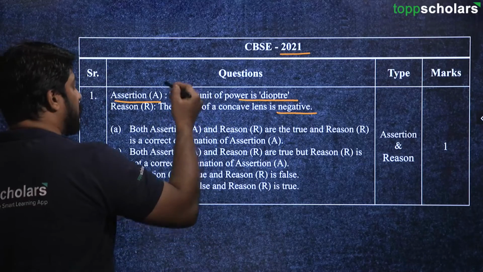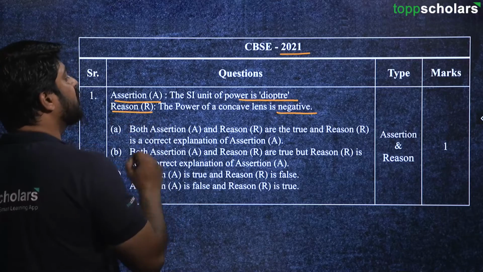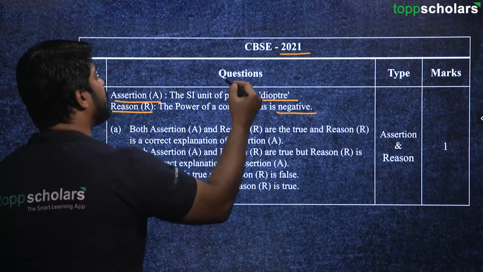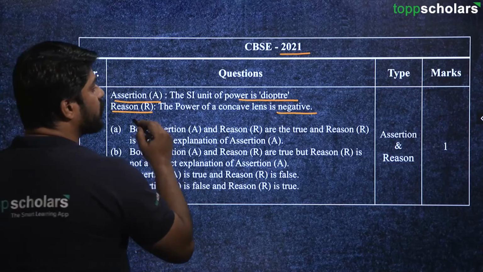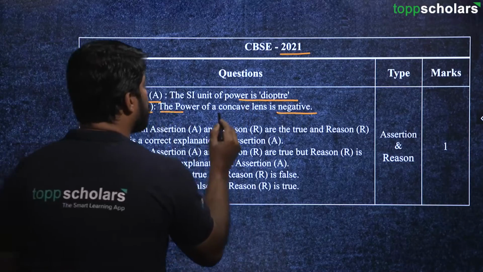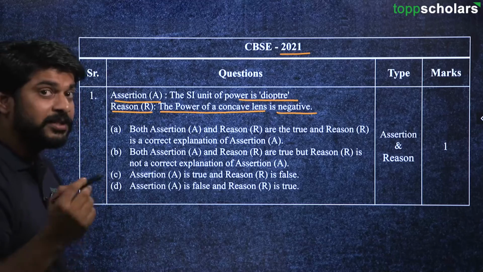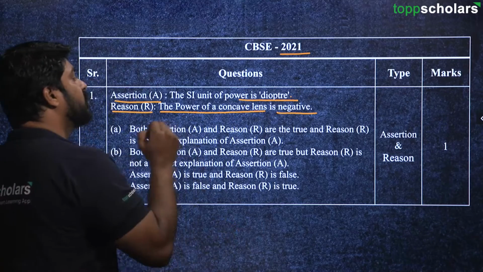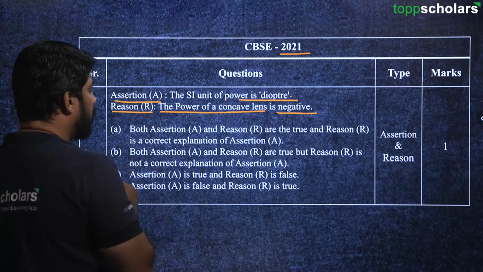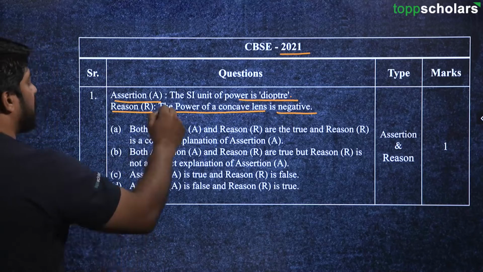But can we say that the reason that is given is a correct reason for this particular statement? So the answer is no. Even though the statement in the reason is correct, it is not the reason for this particular statement. So definitely both are true. So let's identify the option.